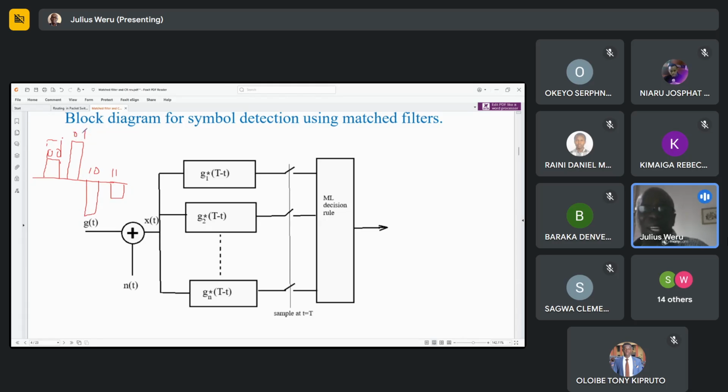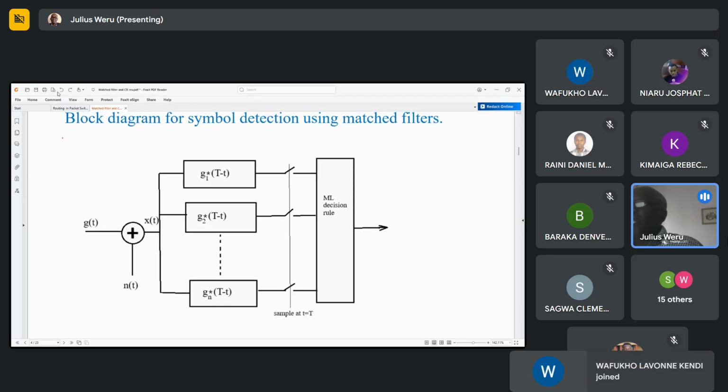It's a symbol error, but that symbol error, of course, will result in a bit error if you have used the correct encoding, the Gray coding. Because the Gray coding is from one level to the closest level, the only difference is 1 bit. I hope you can remember that, so we don't have to go into that in detail.